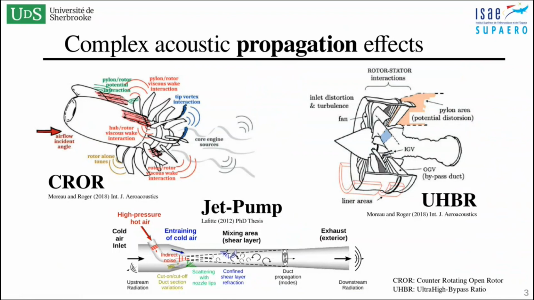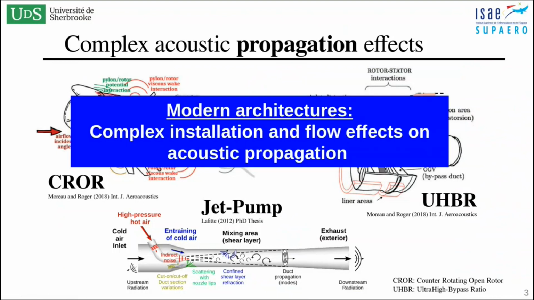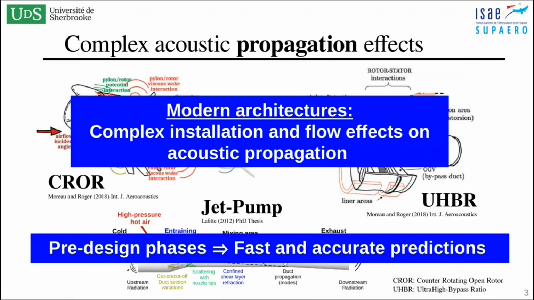As I said, they all have in common that the generated acoustic waves are affected by both installation effects and complex mean flows. Therefore, in order to improve the acoustic signatures of all these devices, we need fast and accurate predicting tools that will be used in the pre-design phases.